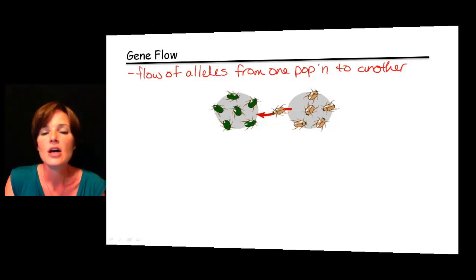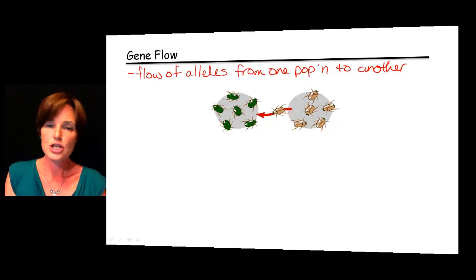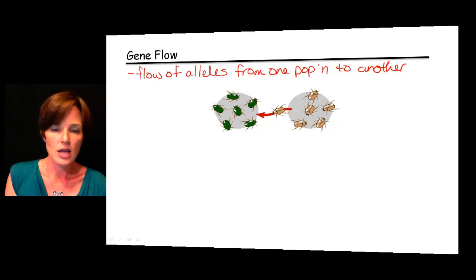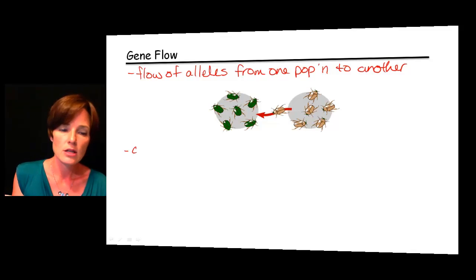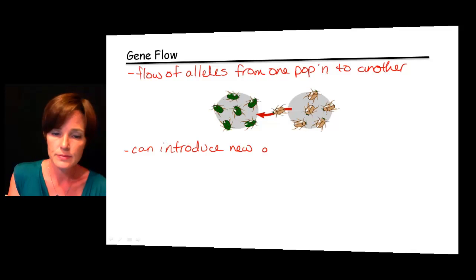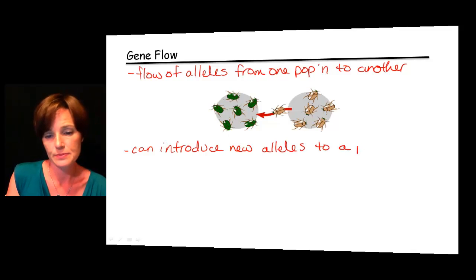Here we see a brown beetle population and a green beetle population. And if somehow one of those beetles manages to make its way into this population, which was entirely green beetles before, we now have the introduction of a new allele. So that's what gene flow can do. It can introduce new alleles that weren't there before to a population.